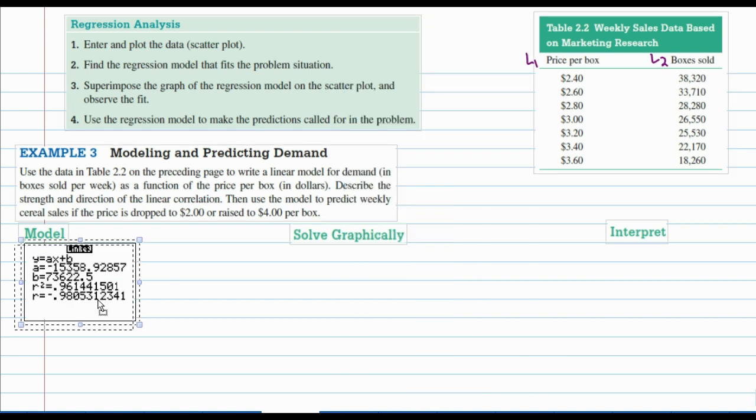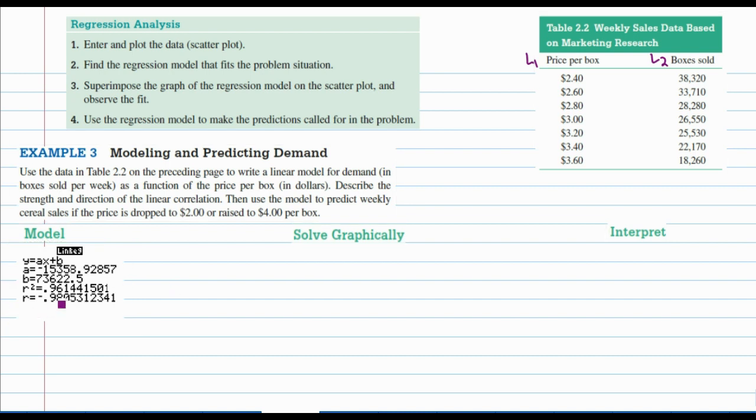So there it is. Our R value is a very strong negative correlation, -0.98, very close to -1. Our slope there is -15,358.93, and then our y-intercept is that.